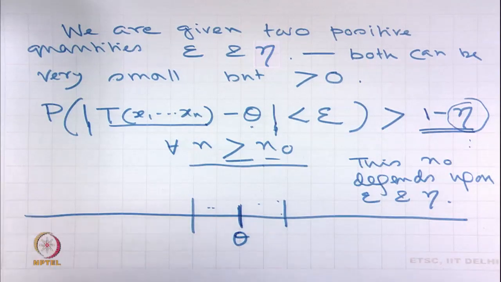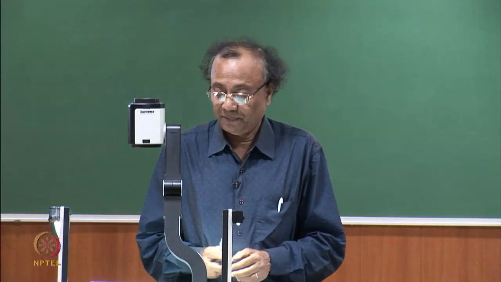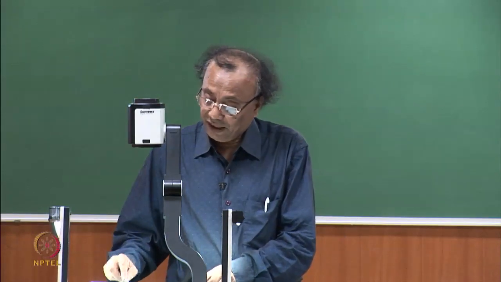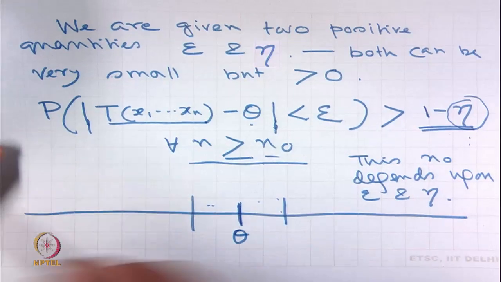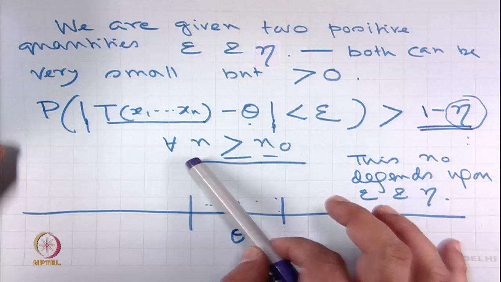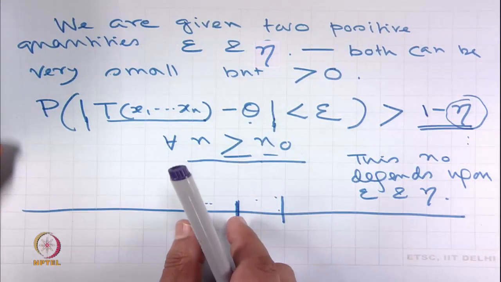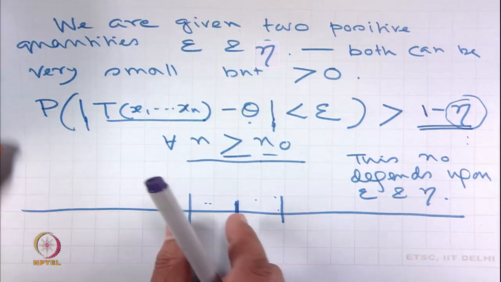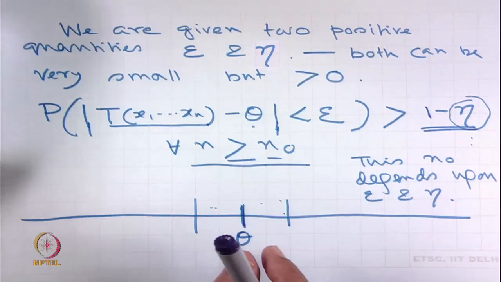It is not mandatory that the same n naught will work for all values of epsilon and eta, but given epsilon and eta, we can choose an n naught, or we can find an n naught, such that if the number of samples is more than n naught, then the probability that the sample statistic will be very close to the parameter is going to be very, very high.